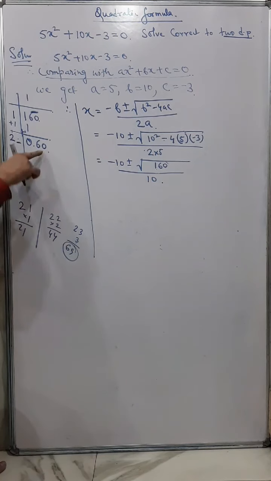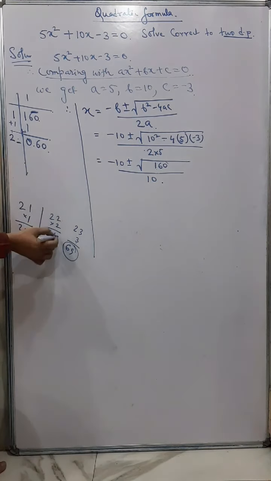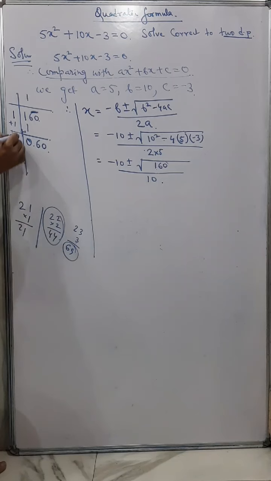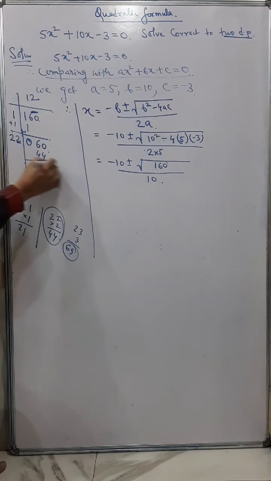Now 69 is more than this. So I'll take this value. So I'll put 2 here and 2 here. So 22 into 2, I get 44. Now I'll subtract again. 6 1. Okay, I'll get this.